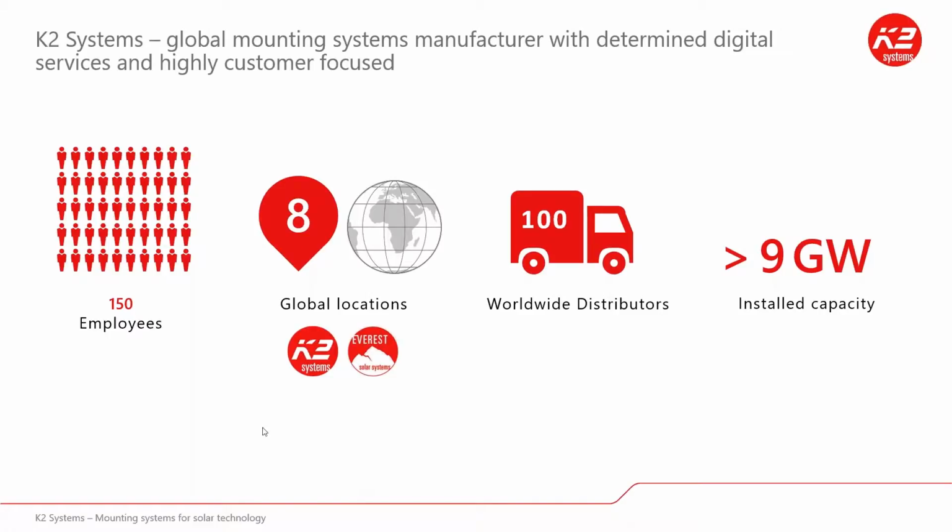In our 6 main markets, Germany, France, Italy, the UK, South Africa, and Brazil, we operate under the brand name K2 Systems. In the US and Mexico, we operate under the name Everest Solar Systems. We work with roughly 100 distributors worldwide, and our structures have been used for more than 9 gigawatts of installed capacity, which, if you consider that most of those are rooftop projects, is quite a lot.